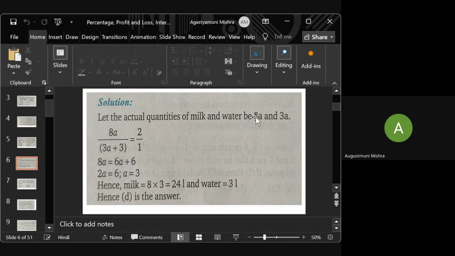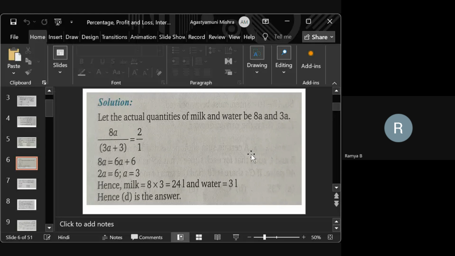Hence you put the value of A: 8 into A, that is 24 liters, and 3 into A, that is 3 into 3, that is 9. So I hope that is clear, ma'am.